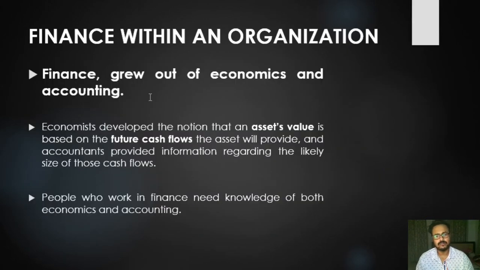Finance grew out of economics and accounting. This is because economists developed the notion that an asset's value is based on future cash flow. For example, suppose we are acquiring a machine today for rupees 10 lakhs.